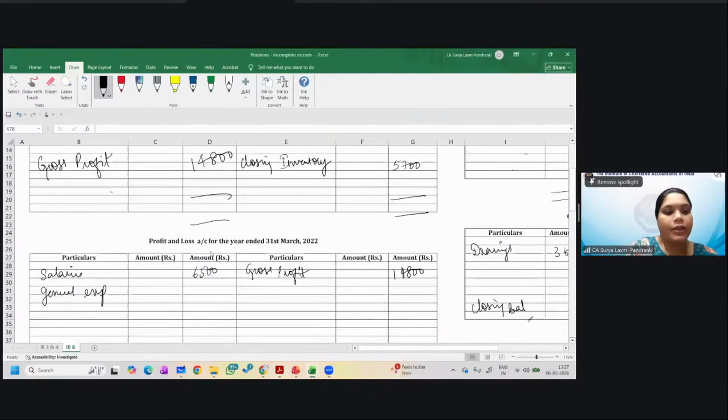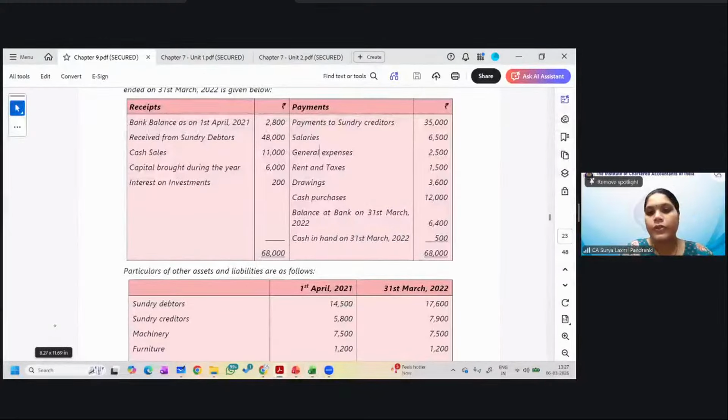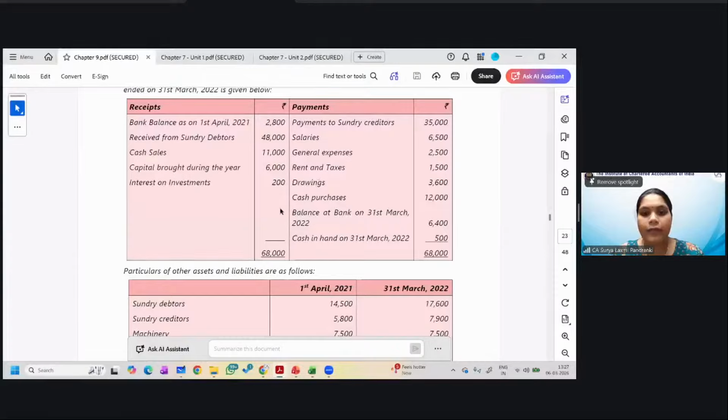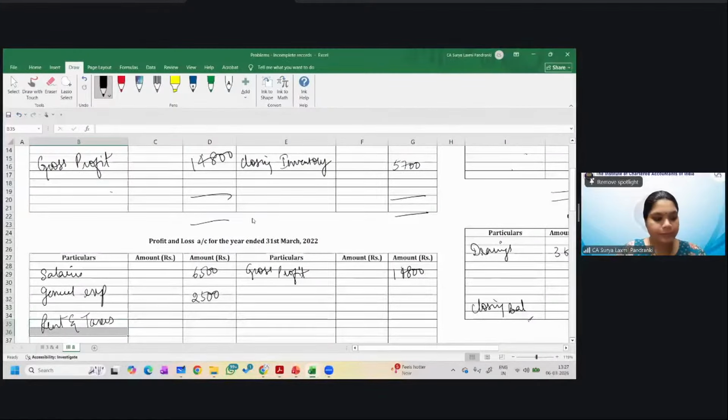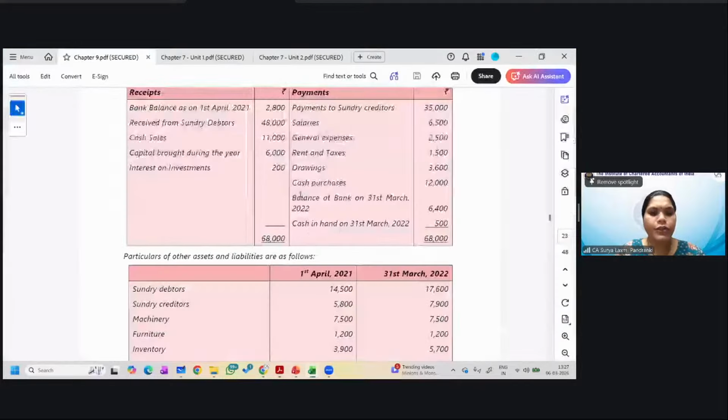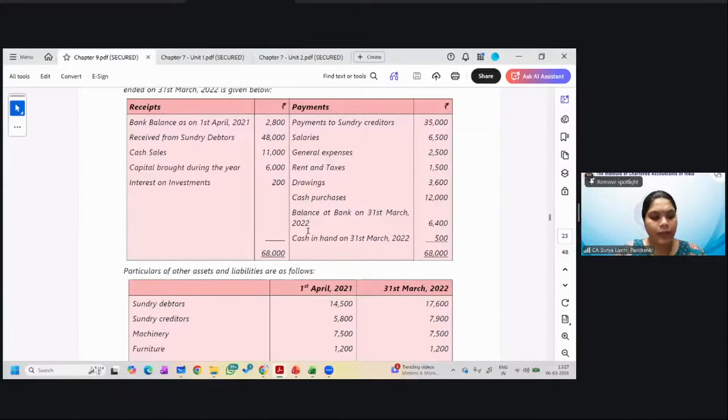And we have rent and taxes also, which is 1,500. And what else do we have? Any other expenses that are there? Look at your cash book for any other expenses.